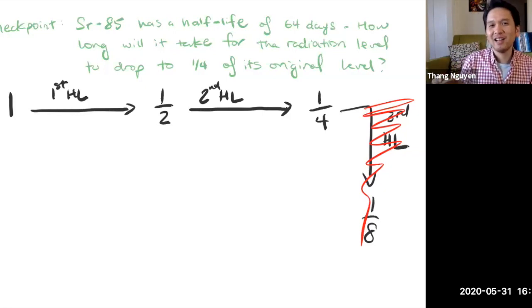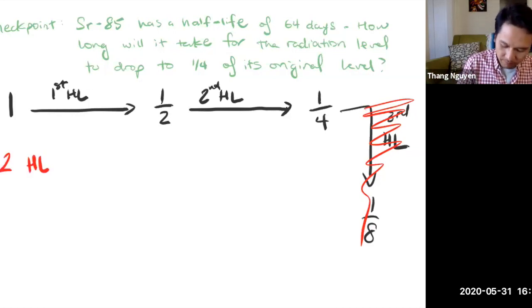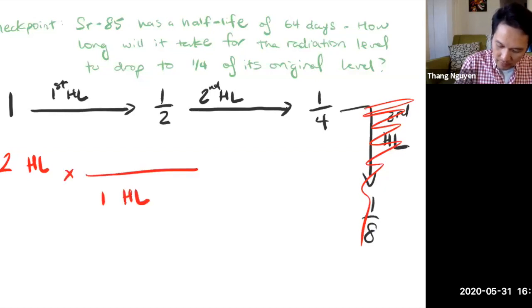But remember, our conversion factor is that we know 1 half-life is the amount of time, in this case, 64 days. So we simply say that there are 2 half-lives, right? So we say 2 half-lives, and we know that for every 1 half-life, there are 64 days.